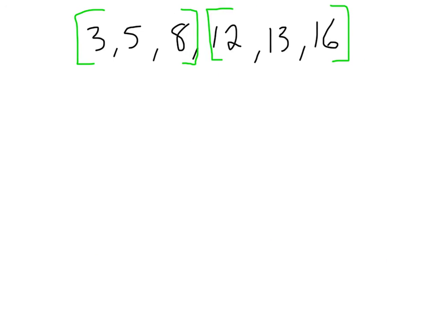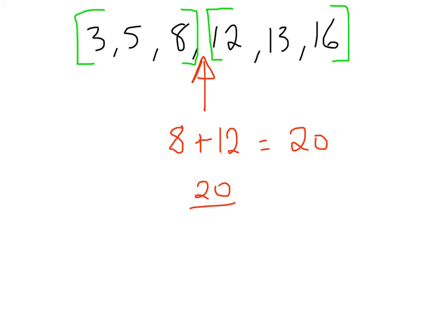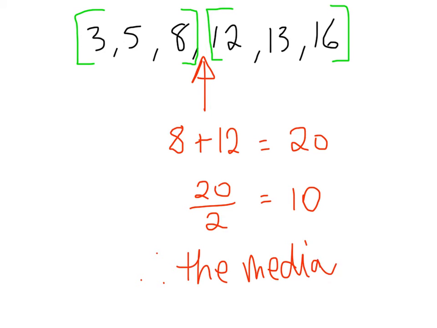So, in order to find the actual middle, I need to take the 8 and add it together with the 12 to get my answer of 20, and then actually do half of that answer, and I work out that the middle score between 8 and 12 is actually 10. So therefore the median of this data set is 10.